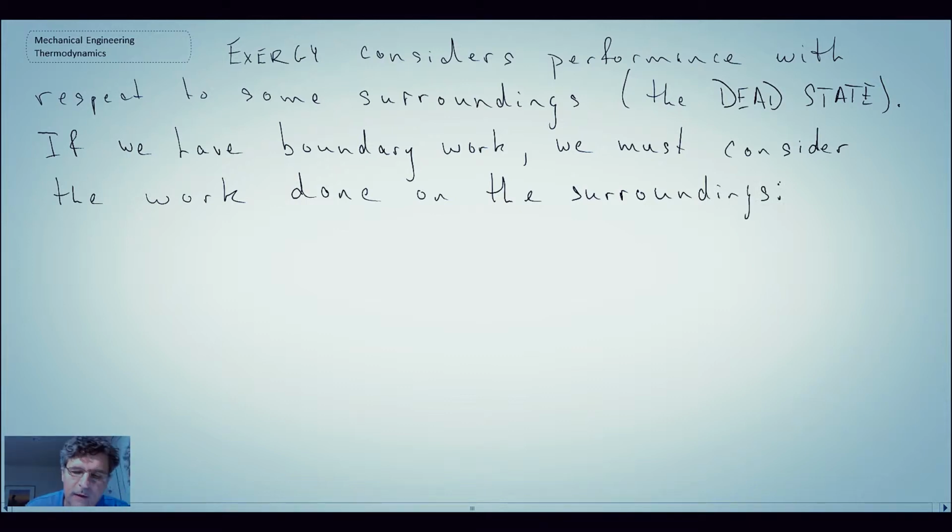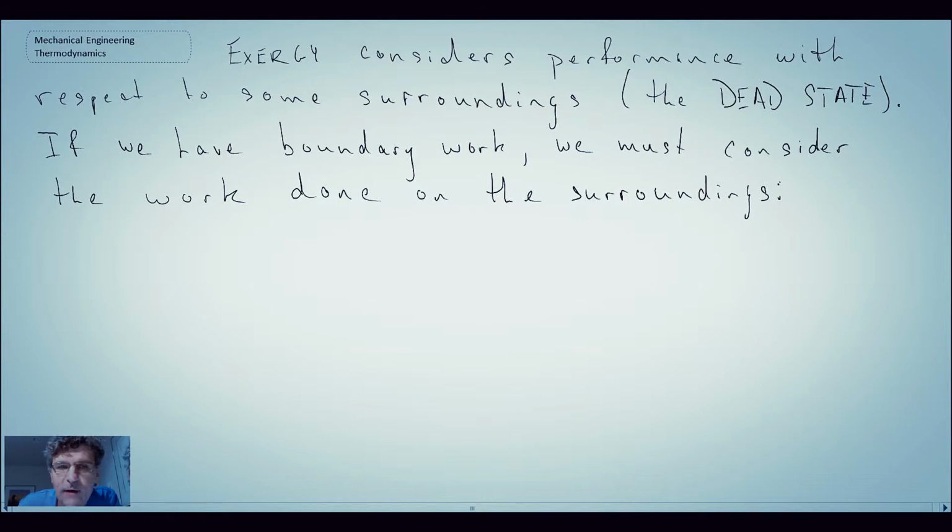Now, given that we're considering the performance of a system with respect to the dead state, if we are doing work on the surroundings, that would be the case where we have a control volume that is changing with time throughout our process, and it would be one of either expanding or contracting.